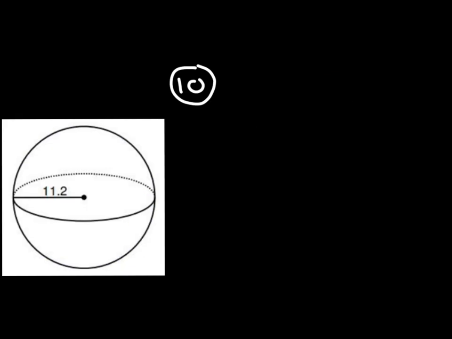Lastly, question 10. We're once again asked to find the volume of a sphere. So we can write in our formula, which we should all know by now, 4 over 3 times pi times radius cubed. Now for this example, they have already given us a radius.